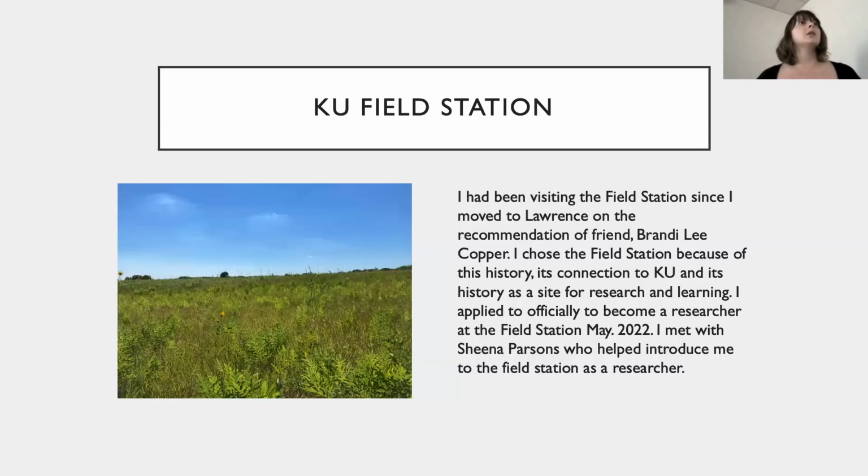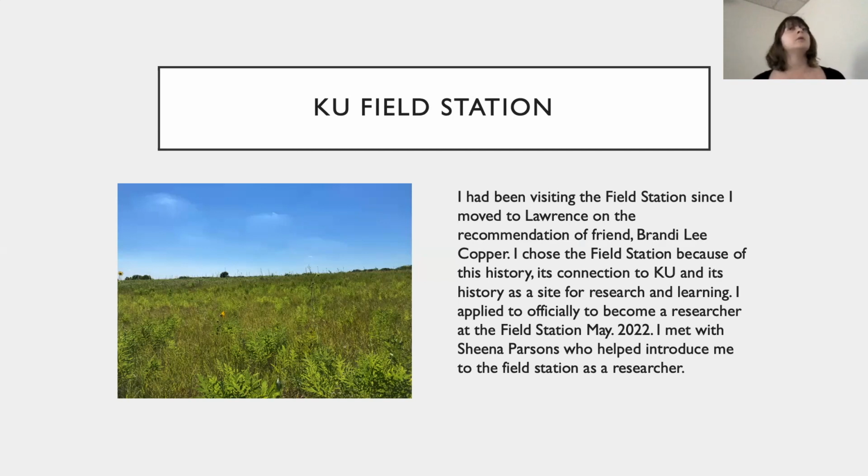And I chose the KU field station as my place to learn from, partially because I had been visiting the KU field station basically since I arrived, which I know a lot of people in the biological survey were like, how did you even know about the field station? Well, I was recommended by a friend, Brandy Lee Cooper. She recommended that we go there, that it was this great place that not enough people knew about. So we would go there for walks all the time.